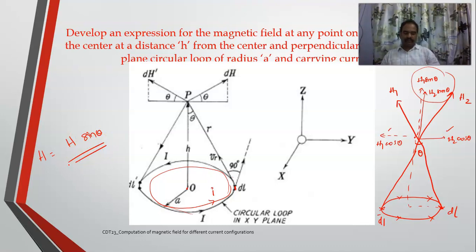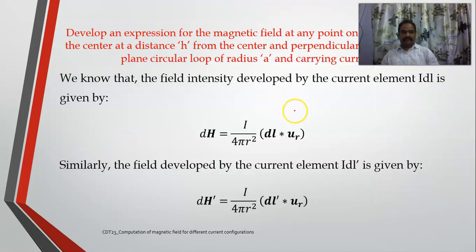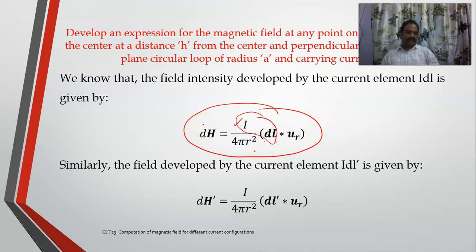This is my general expression: dH is equal to I by 4 pi r square into dl cross ur. Here I dl is my differential current element, and ur is my unit vector joining the line from the point to this differential element. Now I'll draw only this part instead of the entire thing. This is my point.